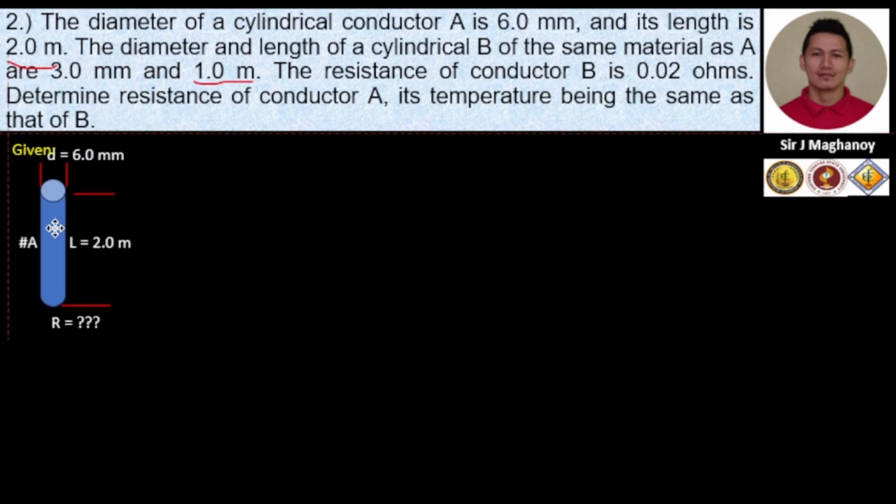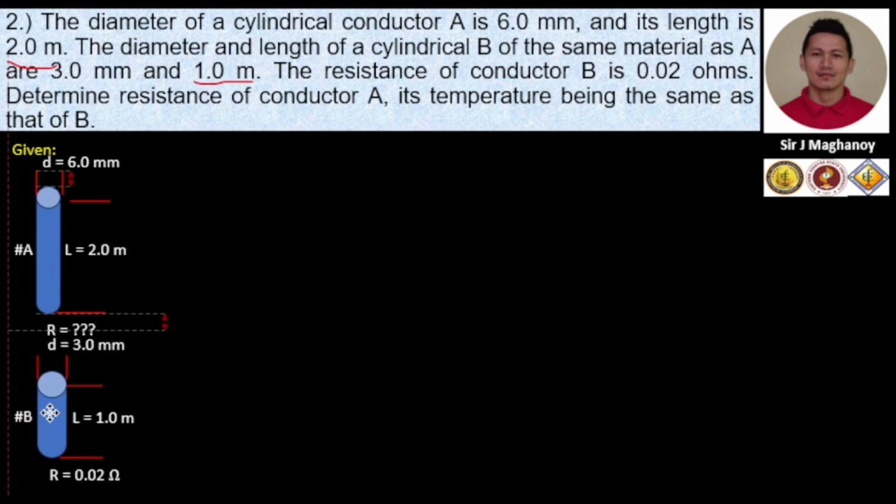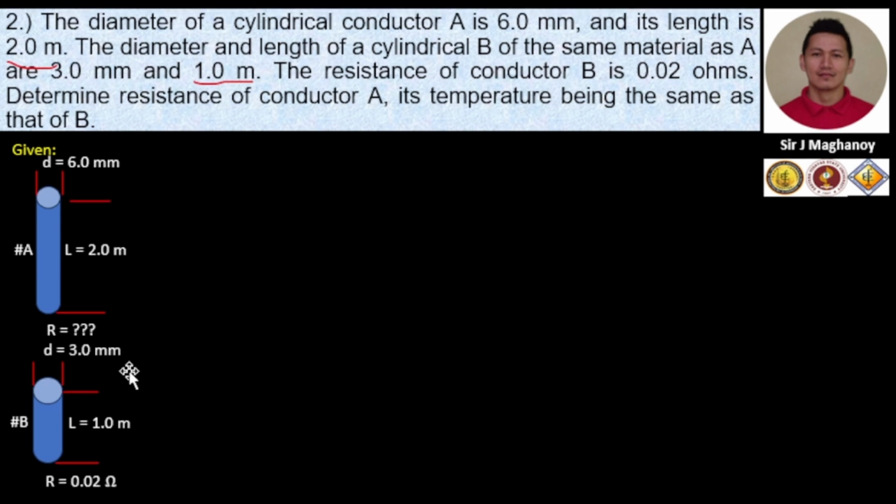For conductor A, we have a diameter of 6 mm, a length of 2 meters, and the resistance is not given. How about for conductor B? We have a diameter of 3 mm, a length of 1 meter, and a resistance of 0.02 ohms. Therefore, our unknown is the resistance of conductor A.